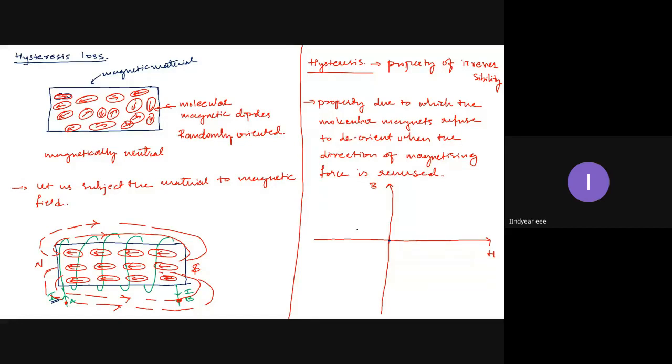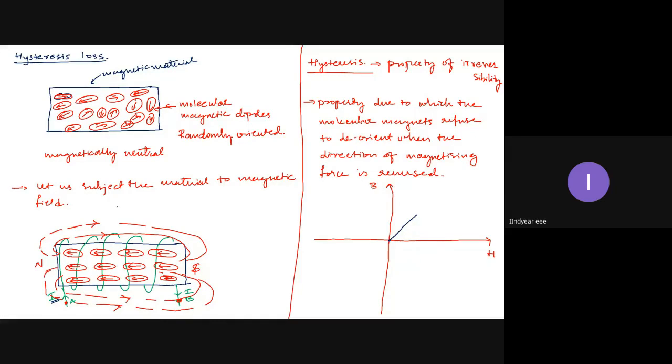So the magnetization occurring initially increases linearly with respect to magnetizing force, because no molecular magnet is oriented. The moment I give the current, most of the molecular magnets start getting oriented.